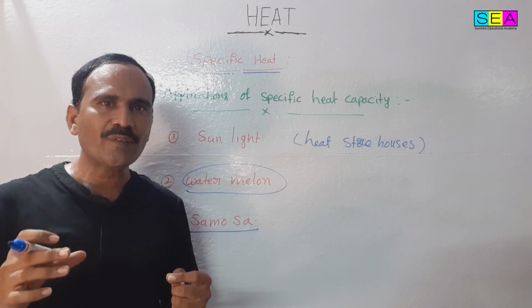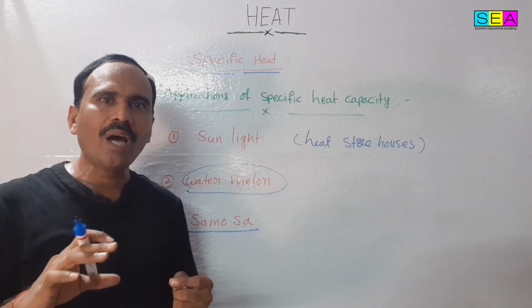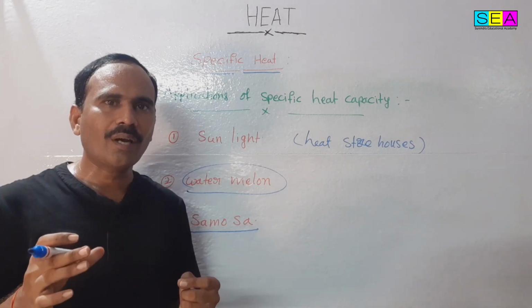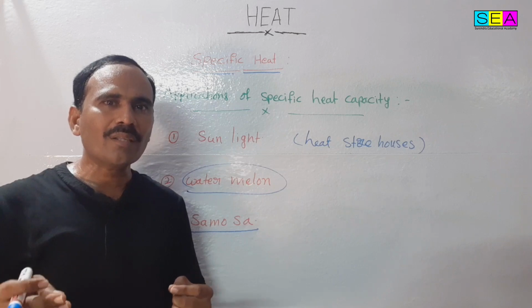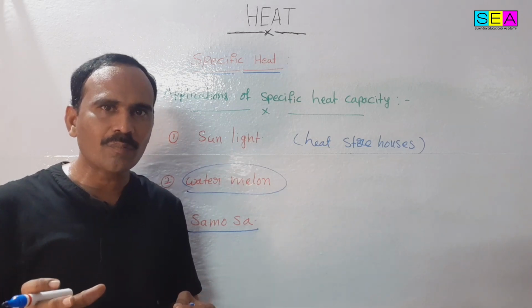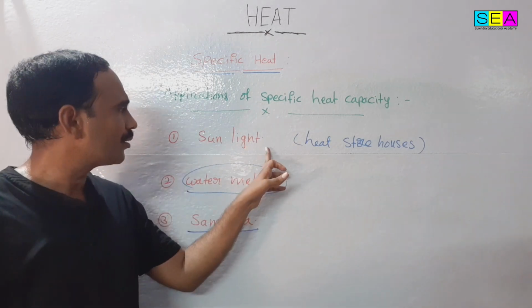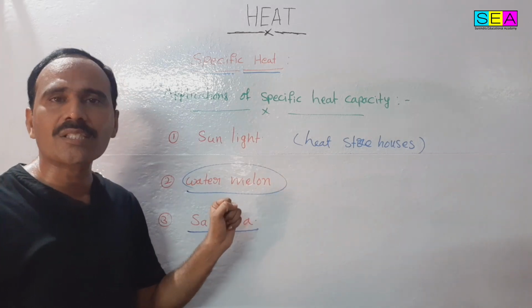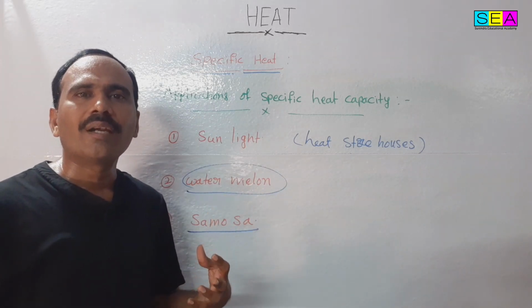Because of the high specific heat, they will be hot compared to the outer part of the samosa. The outer part looks cool, but because of the high specific heat of the ingredients inside, it will be hot inside. These are the three simple applications of specific heat that we observe in our daily life.